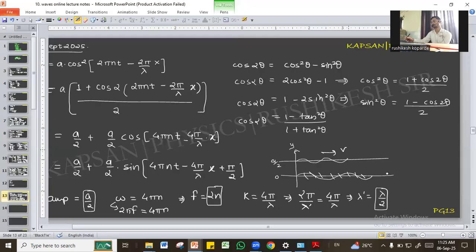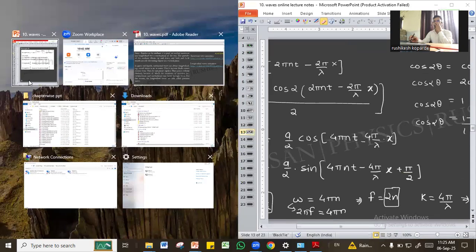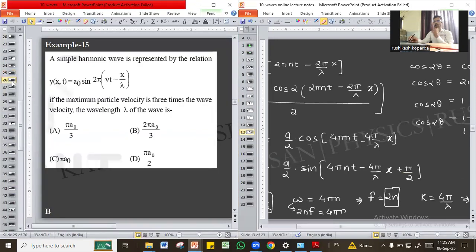This is the wave represented by given equation. Y is not 0. Oscillations are not taking place about 0. Oscillations are taking place about a by 2. This is our current wave. Solve this.